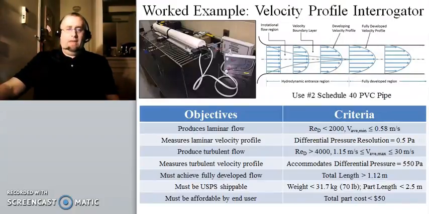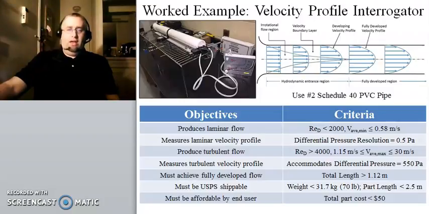So we know, by the way, that we're going to use a number 2 Schedule 40 PVC pipe. That is for weight and size purposes, and we're interested again in the flow development down the length of the pipe and measuring the shape of this velocity profile.